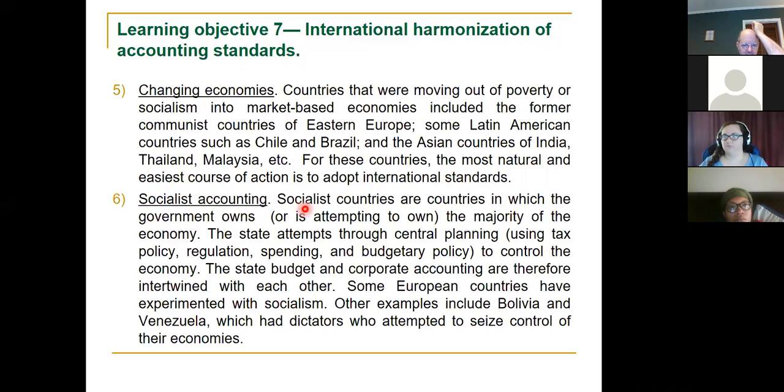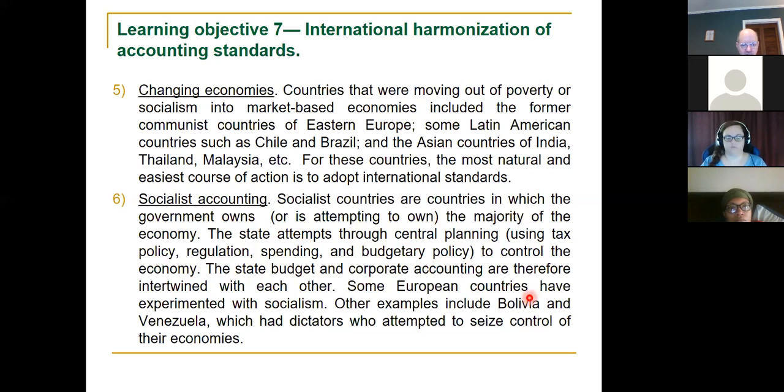Socialist accounting. Socialist countries are countries in which the government owns or is attempting to own the majority of the economy. The state attempts through central planning using tax policy, regulation, spending, and budgetary policy to control the economy.